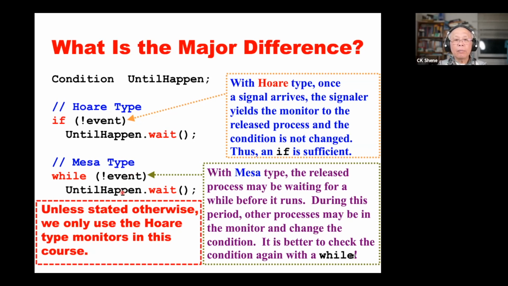So by the time I am able to get into the monitor again, this event may not be there at all. Therefore, this is why we have a while statement here. When I am released, I may not get the monitor immediately. By the time I am back, the event could have been changed by someone else. So I have to come back and check whether the event is still there or not. This is the reason that for the Hoare type we use if, and for the Mesa type we use while. This is extremely important.